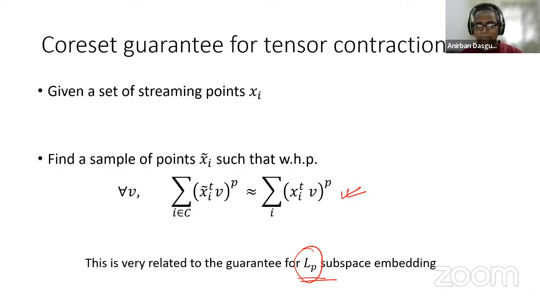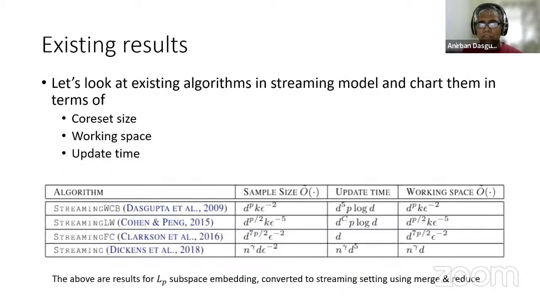We can take as baselines everything that people have done for LP subspace embedding and see how these algorithms perform in our setup. Here are the 3 axes that we're comparing the algorithms on: the sample size, the update time, and the working space. And these are algorithms either for tensor factorization directly or for the LP subspace embedding.